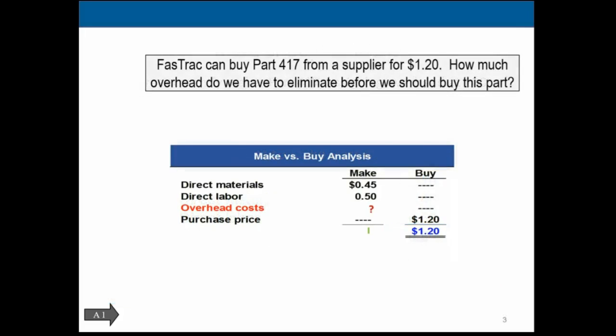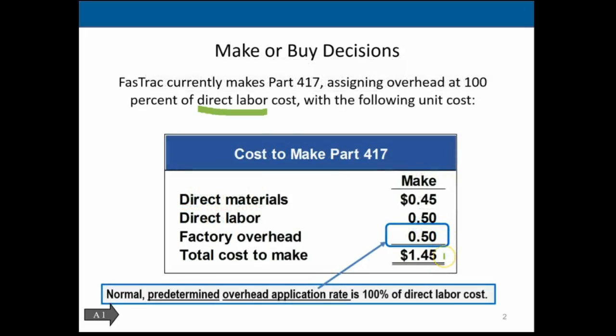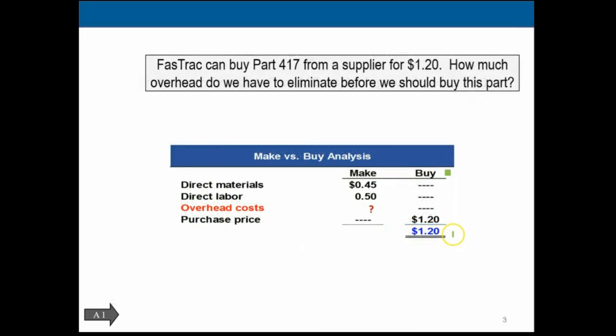So if we do an analysis such as this, a supplier says that they will sell it to us for $1.20, $1.20 to buy this Part 417 that we currently make internally. And remember that we are currently saying that it costs $1.45. So the buyer thinks he's got a sale there, obviously, because they're saying, well, hey, look, I'll give it to you for $1.20 per part.